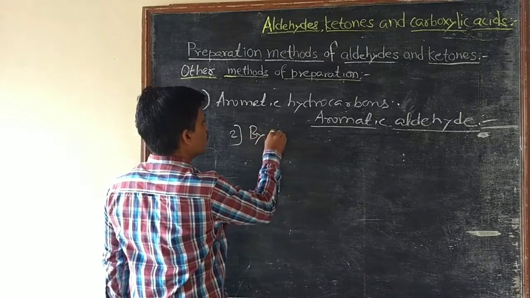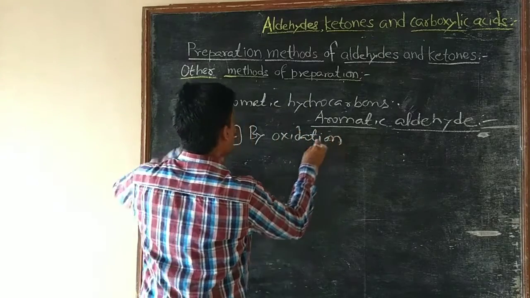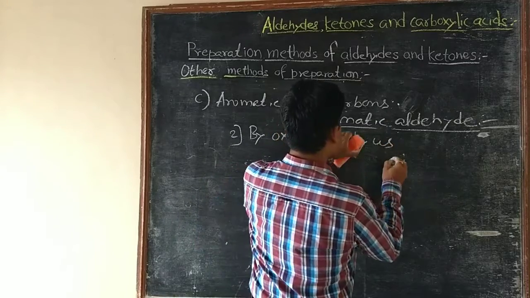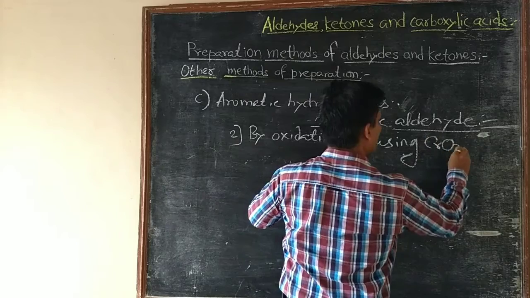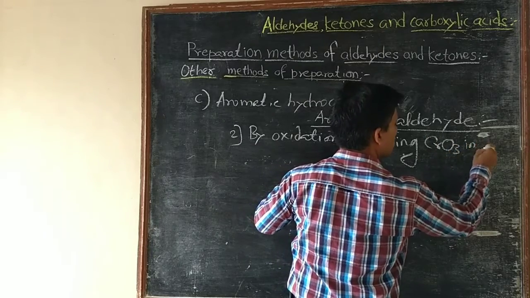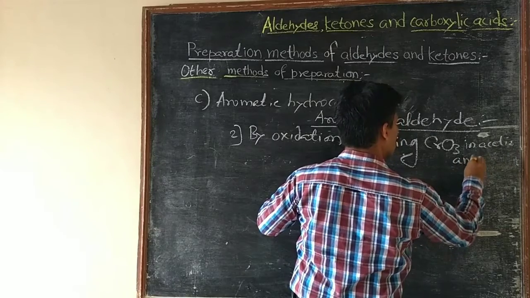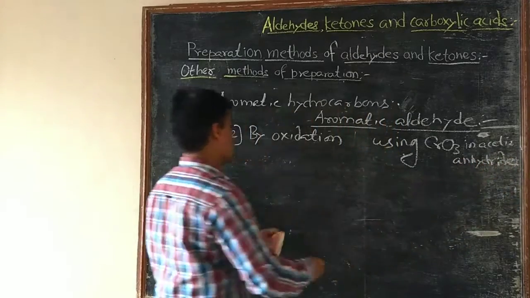Next method is by oxidation of aromatic hydrocarbons using chromium trioxide in presence of acetic anhydride.